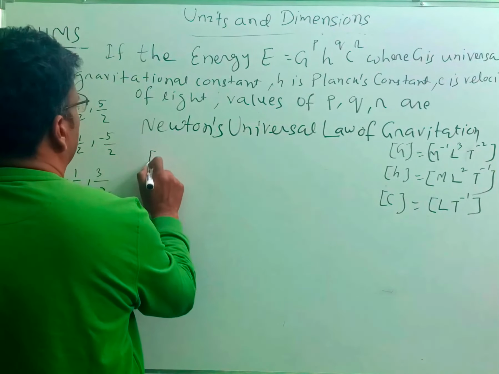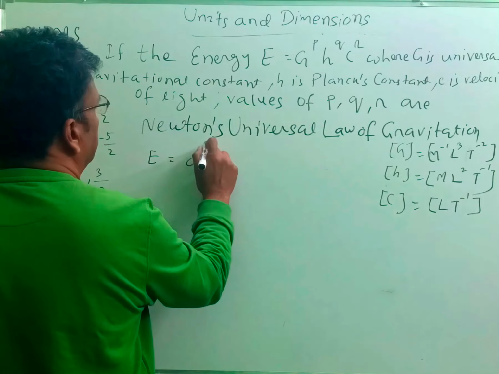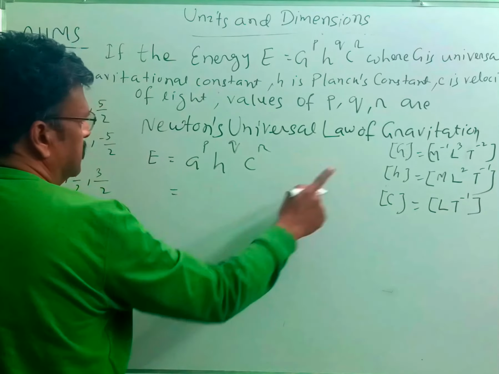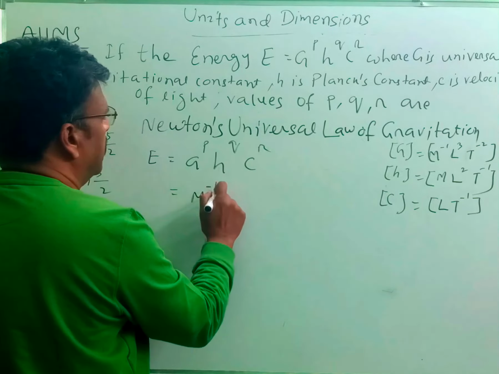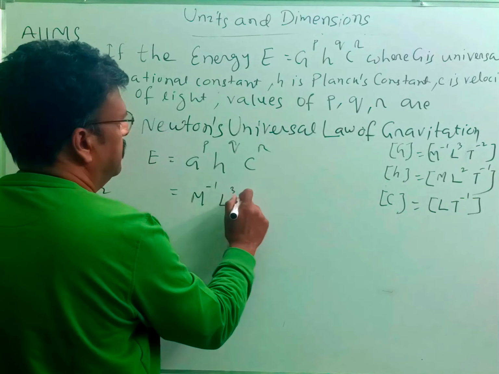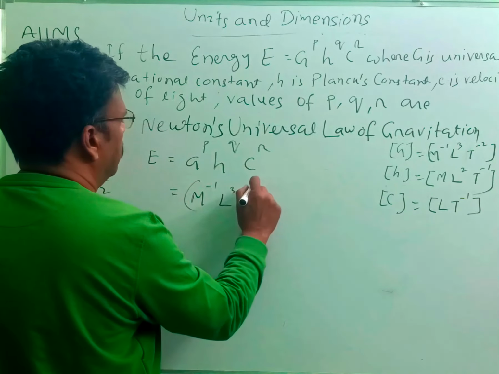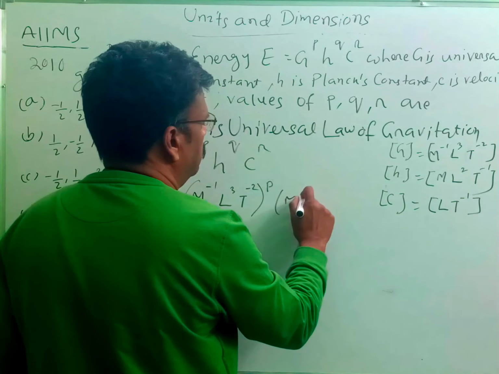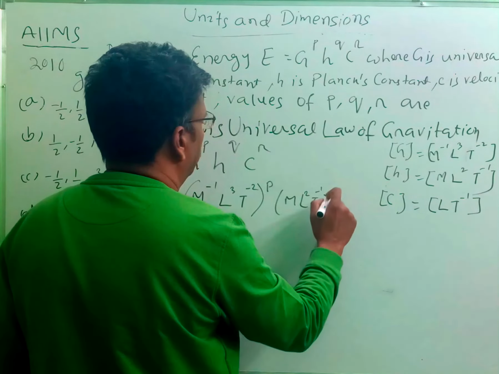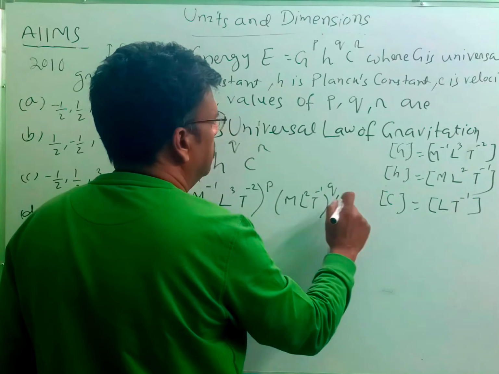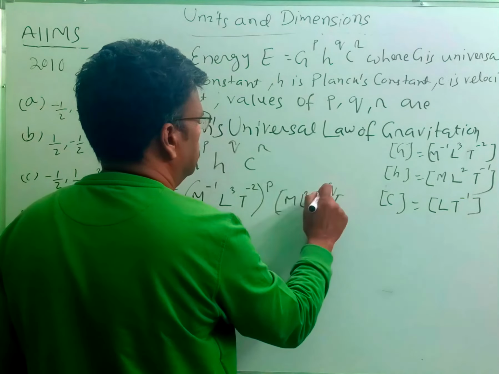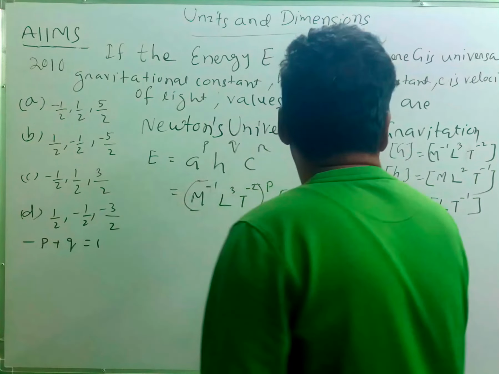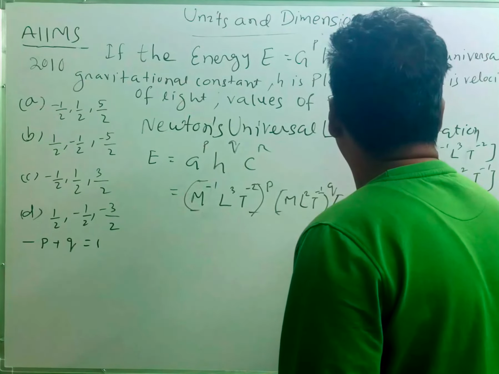Energy E is equal to G to the power P, H to the power Q, C to the power R. So students, that is M minus 1, L3, T to the power minus 2, to the power P. H is M L2 T minus 1 to the power Q, and this will be L T minus 1 to the power R.